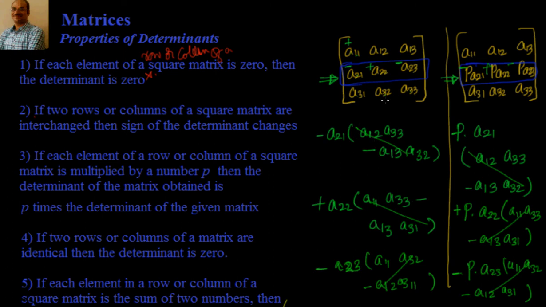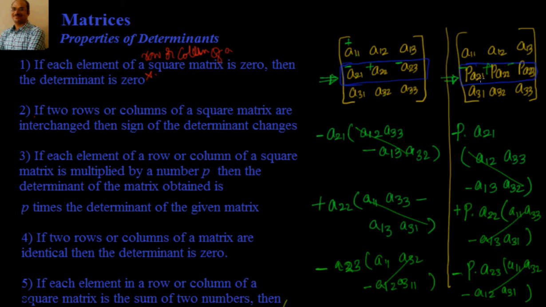Now what is the difference? When you want to find out the determinant, you will multiply the element with the cofactor of that particular corresponding element, correct? Now when the element is multiplied, the cofactor remains the same, because cofactor is nothing but minus 1 to the power of i plus j into the minor of the element, and the minor remains the same because you are not changing the position.